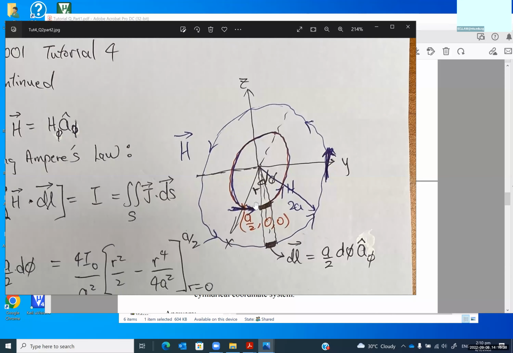Agreed? So what's the general expression for your magnetic field? Give me a general equation for the magnetic field that will fit any magnetic field in cylindrical coordinates.